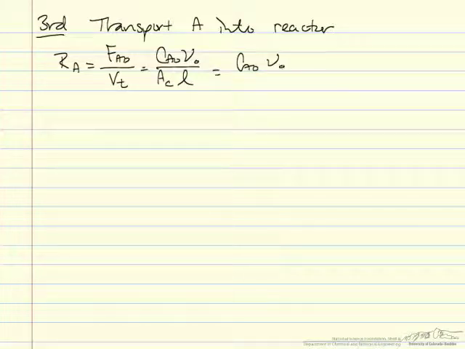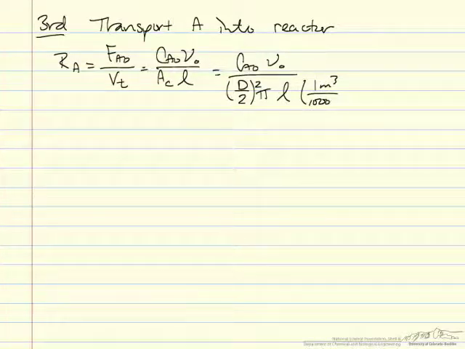So CA0, v0, and then we can plug in for the cross-sectional area, having the diameter of our reactor over 2 squared times pi, and then times the length. And then we're going to have to throw in, since these were in meters and the volumetric flow rate was in liters, this conversion from meters cubed to liters down here.